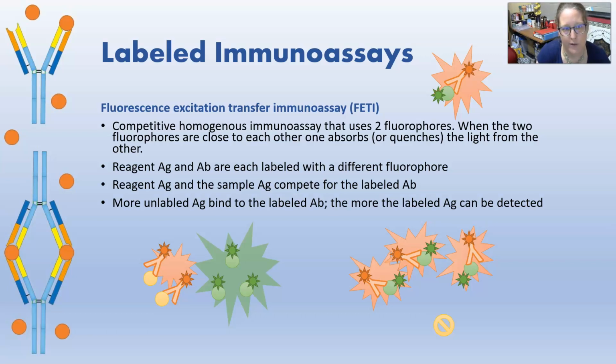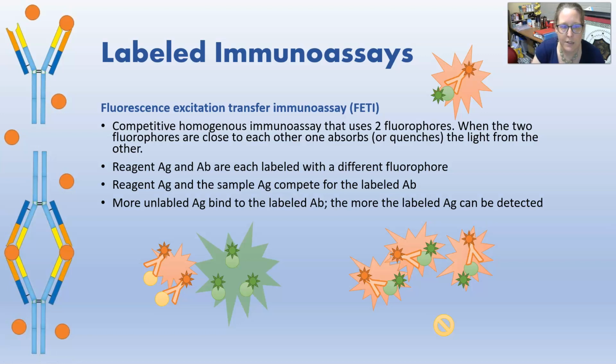And then you have fluorescence excitation transfer immunoassays. They are competitive homogeneous immunoassays that use two fluorophores. When the two fluorophores are close to each other, one will absorb or quench the light from the other. So this is represented here. If they're close together, one overtakes the other, and you can only see the one signal. The reagent antigen and the antibody are each labeled with a different fluorophore.